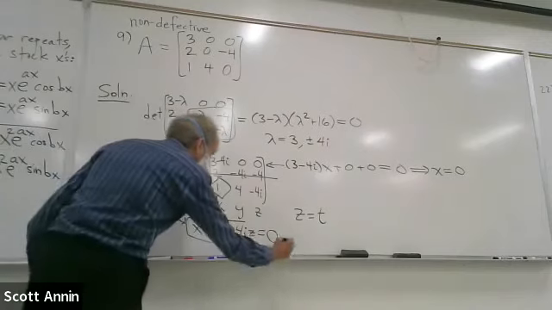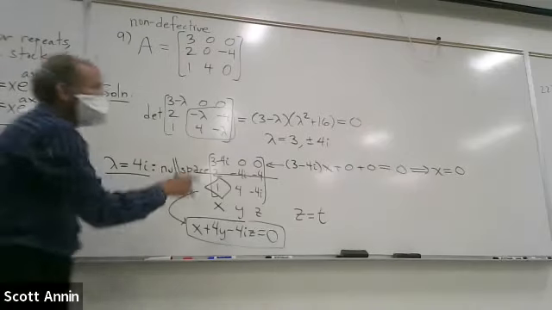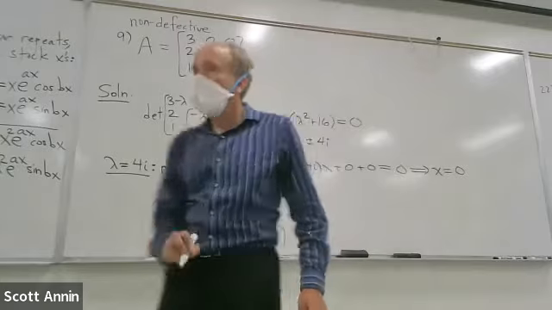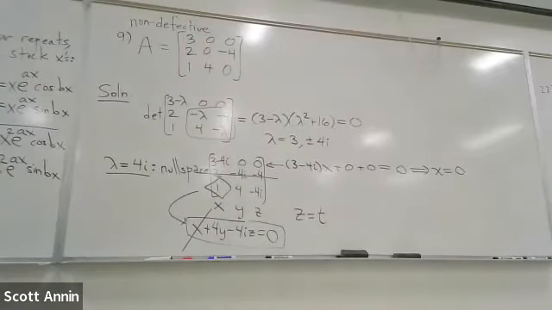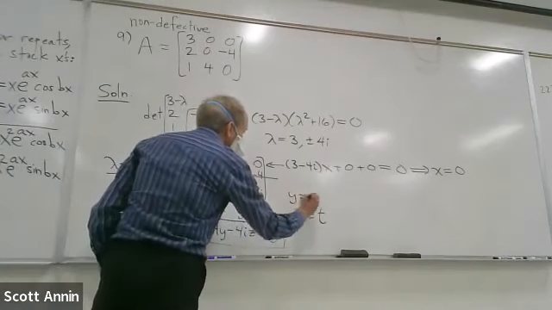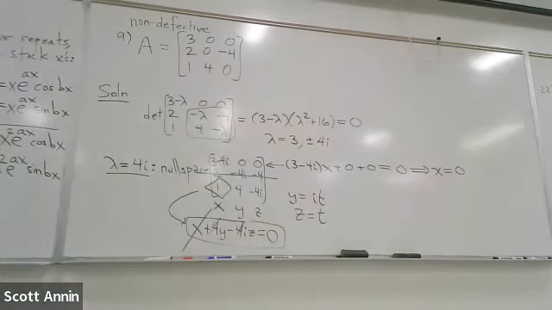This is the equation that is aligned with the bottom row of the matrix. But remember that X is already 0, so we get rid of that. And if Z is a free variable and I call it T, we can go backwards now and solve for Y. We can actually cancel the 4s. So Y is actually going to be i times T.